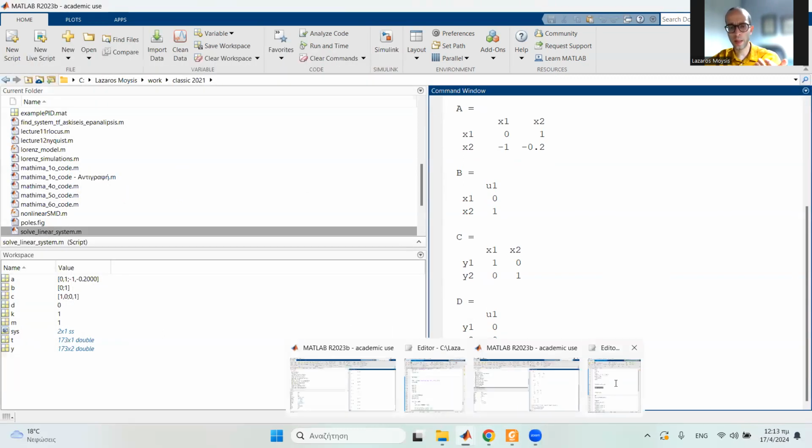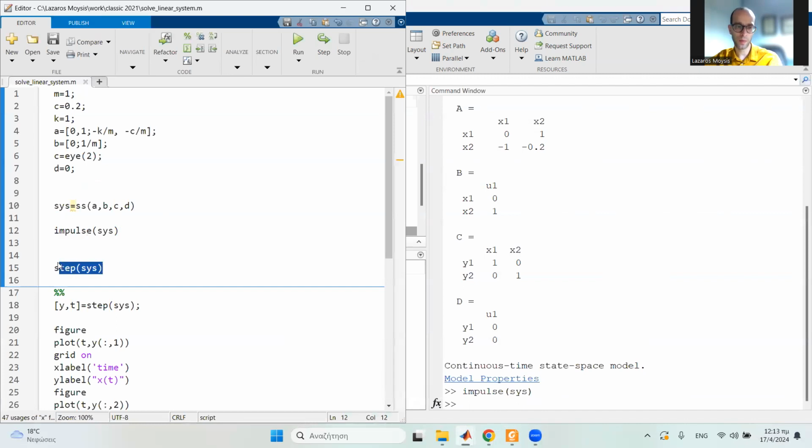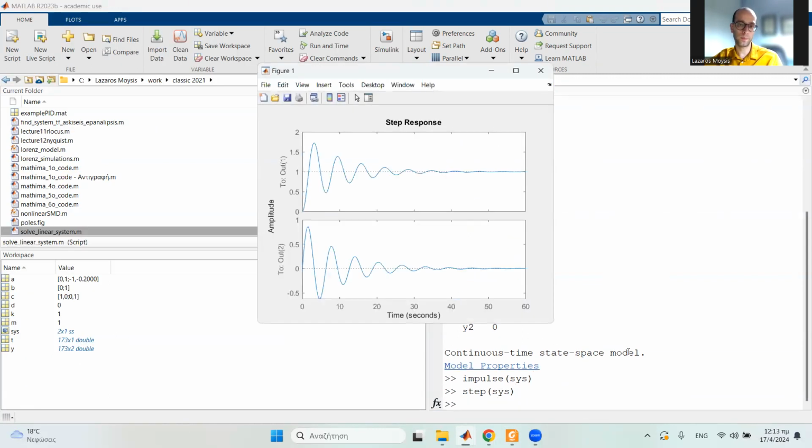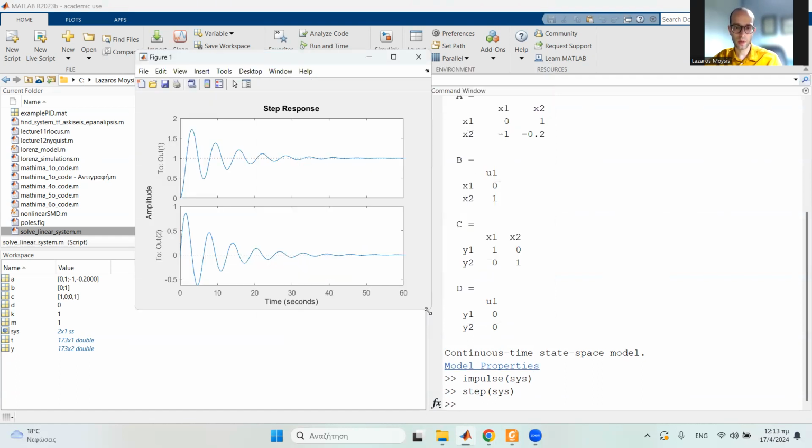Another built-in command in MATLAB is the step response. A step input denotes a standard fixed energy over the whole time interval. So it's like a switch into the system. Okay, so it denotes a steady input into the system. If I write step right here, I can immediately obtain the step response of the system.